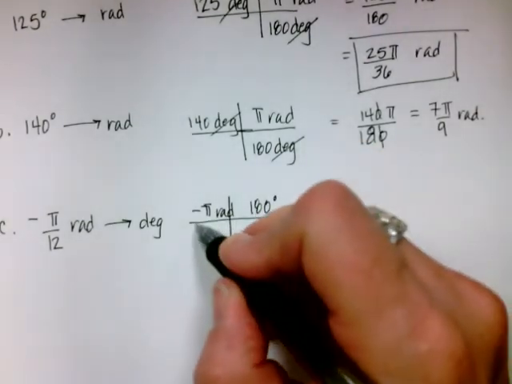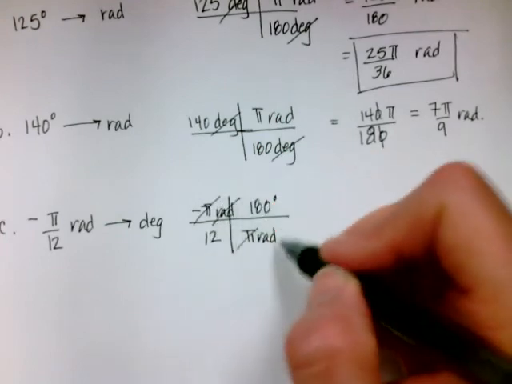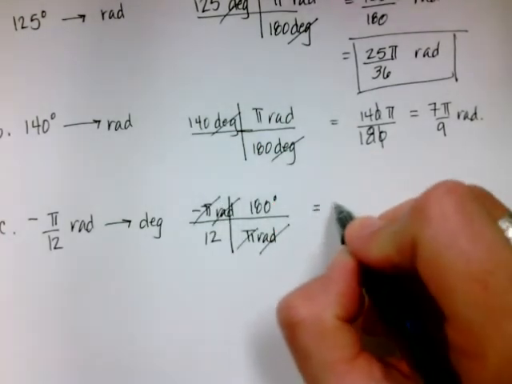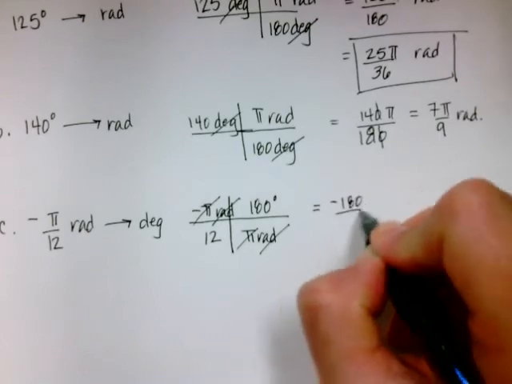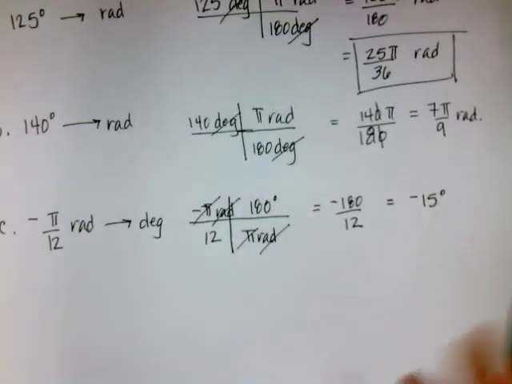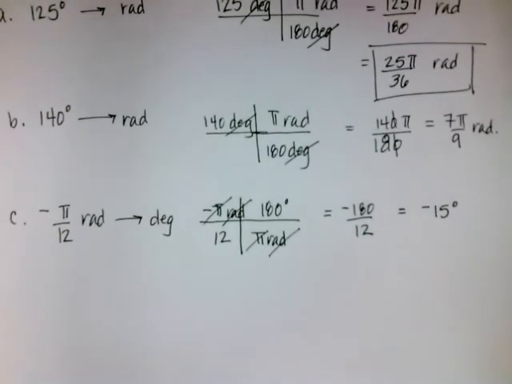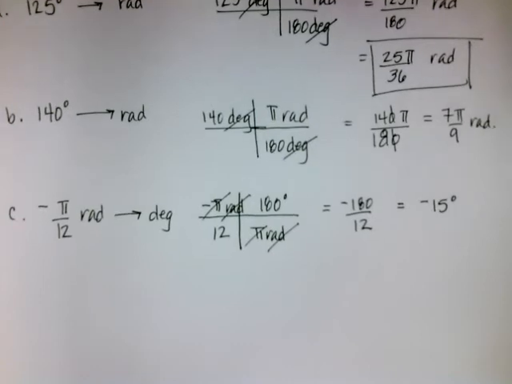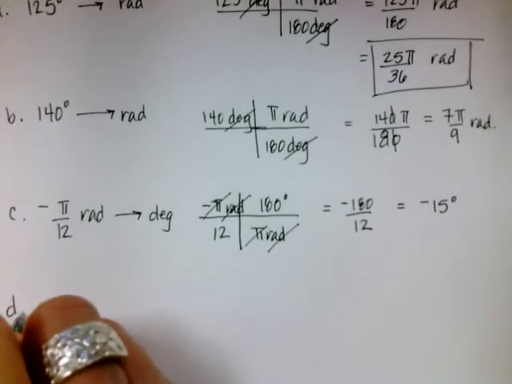So now notice that the pi's cancel, the radians cancel, and I'm left with a negative 180 divided by 12, and I'm going to get a negative 15 degrees. If you do your conversions this way, and I don't care how you do it, if you want to do it a different way, whatever, but this is the way I have found students are the most successful.